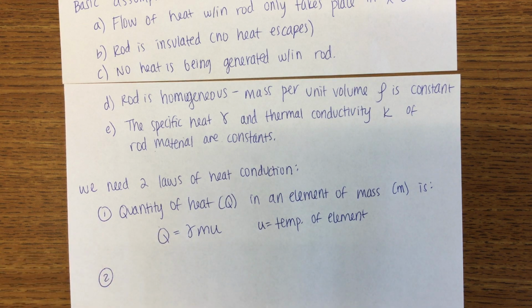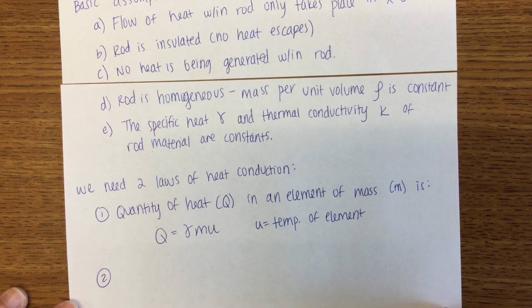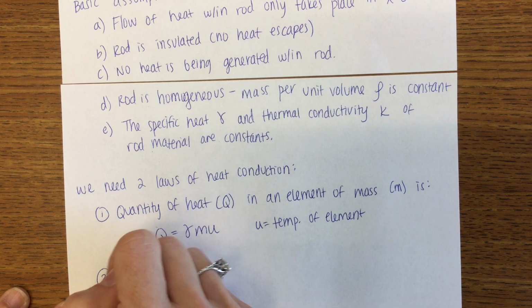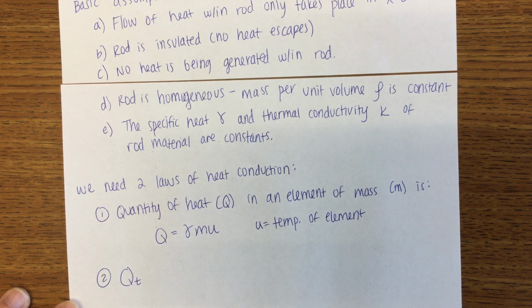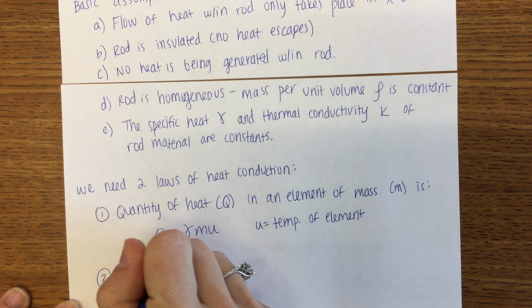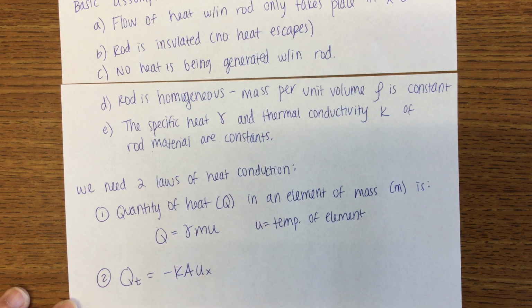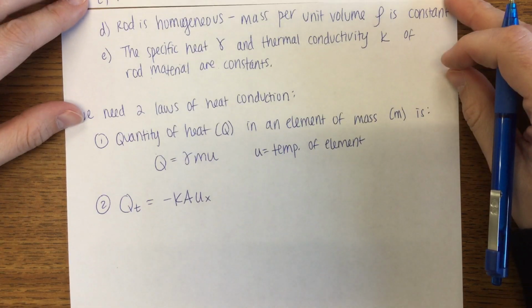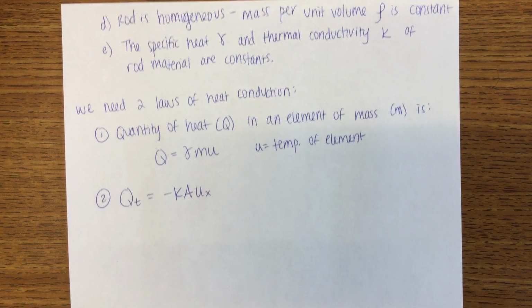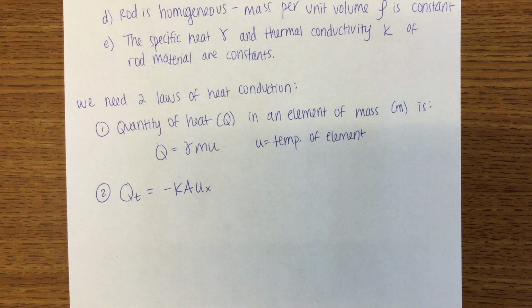Second one, we're going to write down the equation, and then I will tell you what this equation means. We have the derivative of Q with respect to T is equal to negative K times A times the derivative of u with respect to x. So here's what this means.